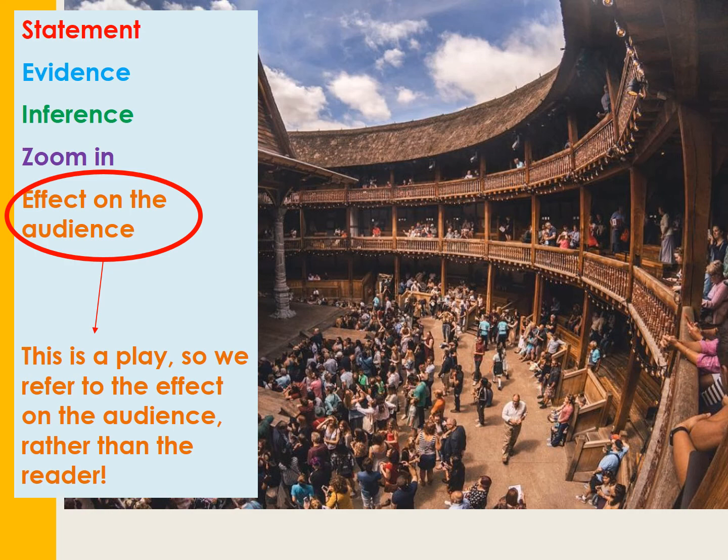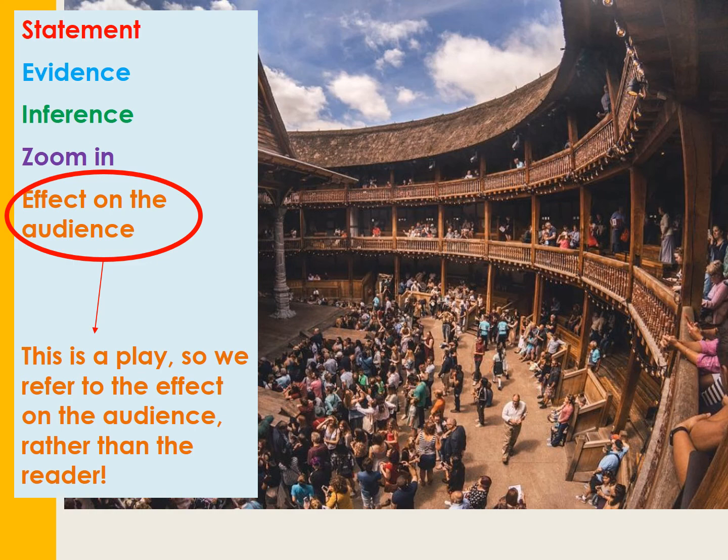It's really important that when you're writing about Shakespeare, you remember that Shakespeare is writing a play. The Tempest is a play, so it's not a book, it's not a novella, it's a play. So when we are referring to the effect on the reader, when it comes to Shakespeare, we need to talk about the effect on the audience.